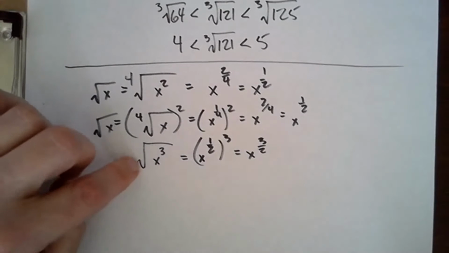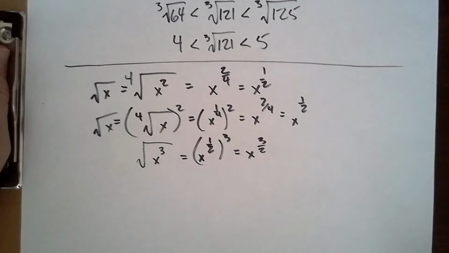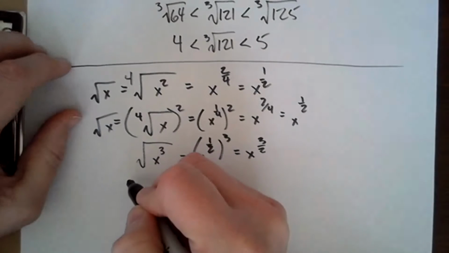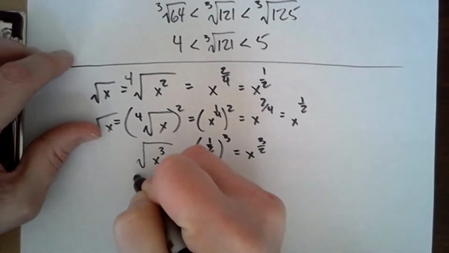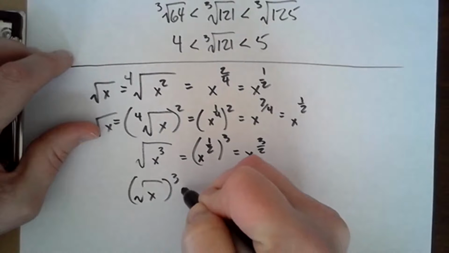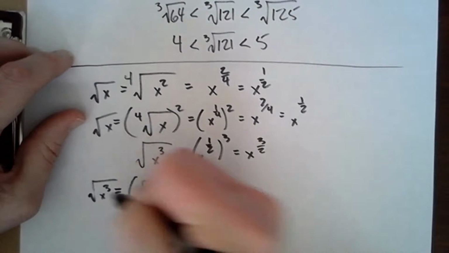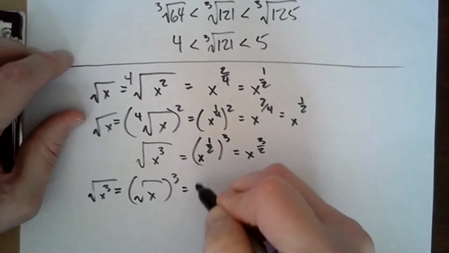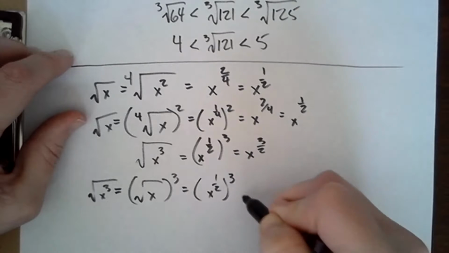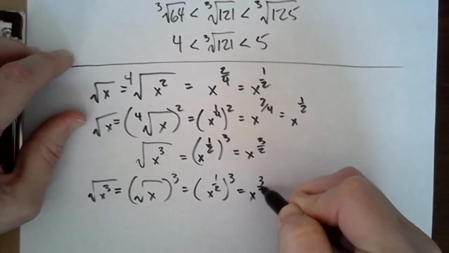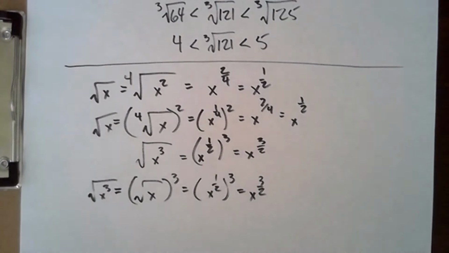We can't really simplify this any further. Whereas if we take the cube of the square root of x, well, here's the square root of x, and we cube that. That's the same as the square root of x cubed, either way. This is equal to x to the 1/2 cubed, which is x to the 3/2. All right, moving on.